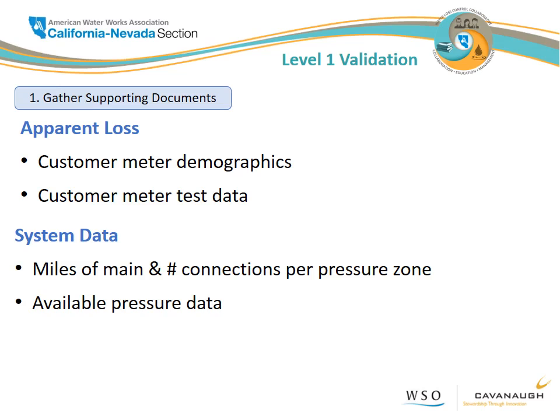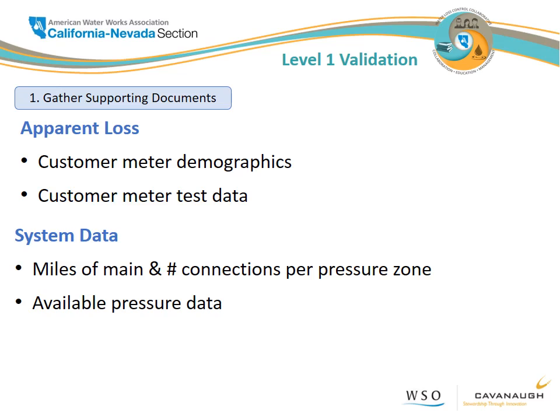Certainly, if you have any test data that exists for your customer meters, and your testing activities may range from only testing to resolve complaints that come in to doing statistical testing every year or somewhere in between, regardless of whatever test data you have, it's good to assemble that in your supporting documents.